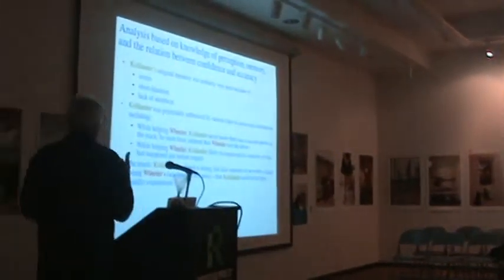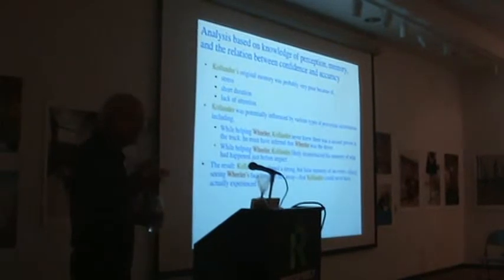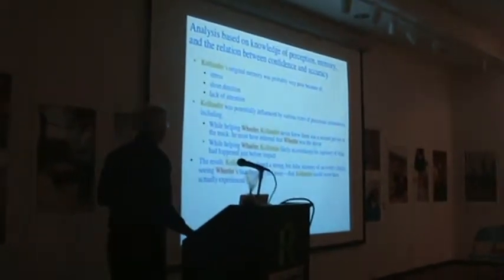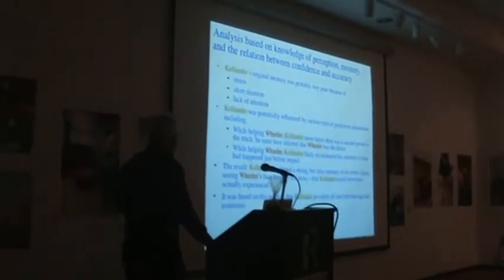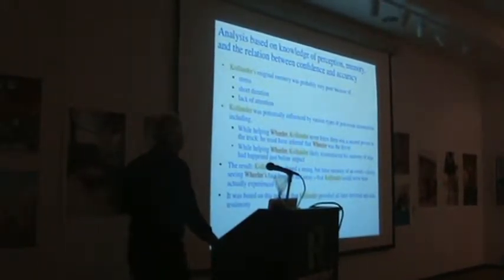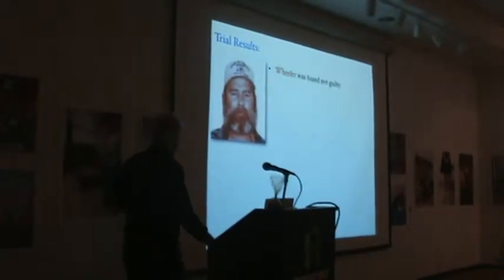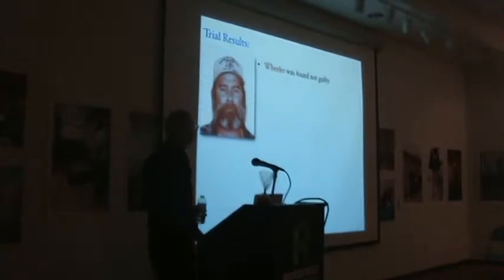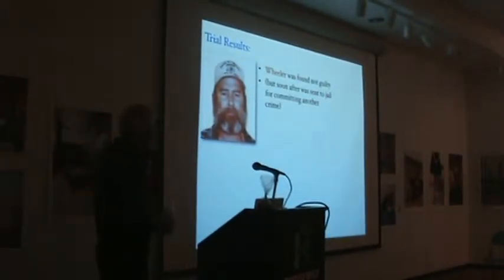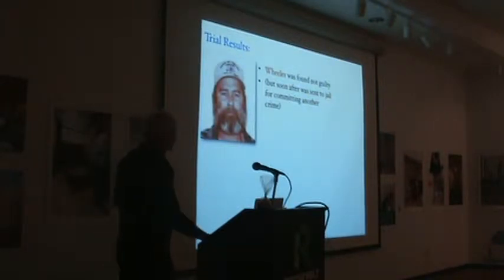That's another consequence of post-event information. It sort of has ripple effects for logically the way things could have gone down to begin with. So it was based on this strong but false memory that Collander provided all later interview and trial testimony. At trial, Wheeler was found not guilty, but soon after he was sent to jail for committing some other crime.